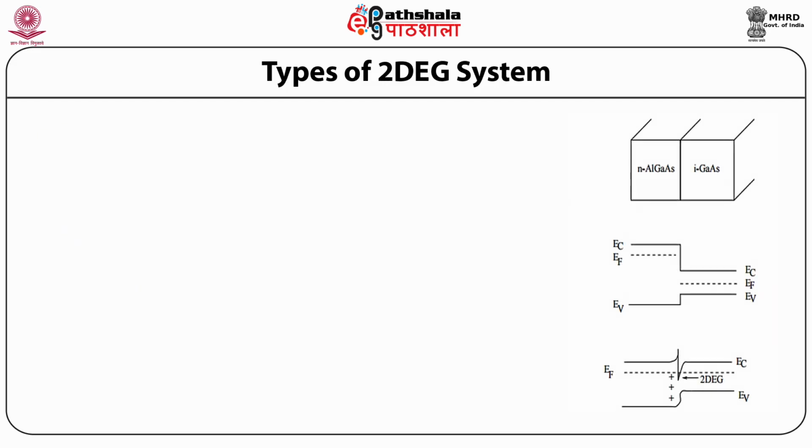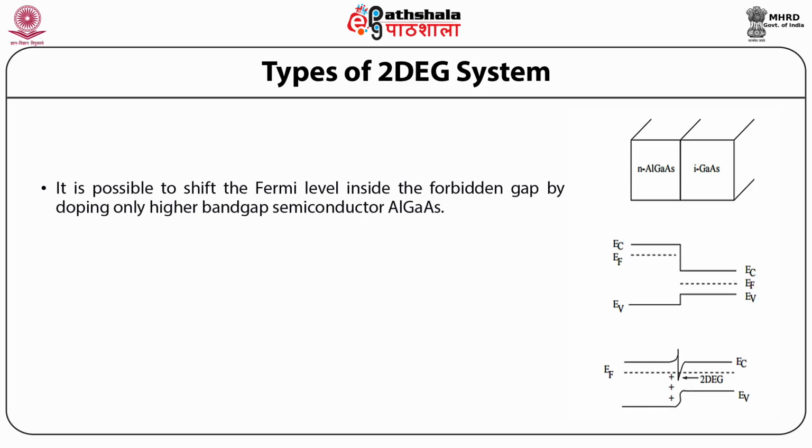Now, the other important 2DEG system is based on modulation doped gallium arsenide, aluminium gallium arsenide, single and double heterostructures. So, as the band gap in aluminium gallium arsenide is higher than that in gallium arsenide, by doping only the higher band gap semiconductor, that is aluminium gallium arsenide, it is possible to move the Fermi level inside the forbidden gap.